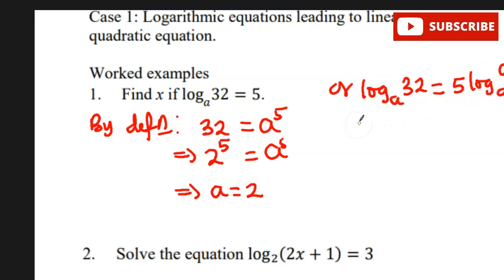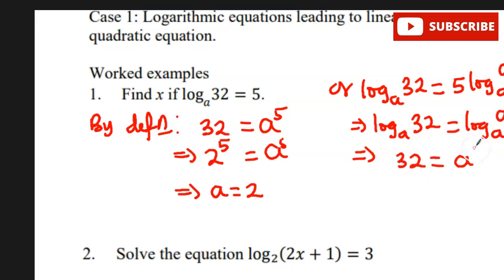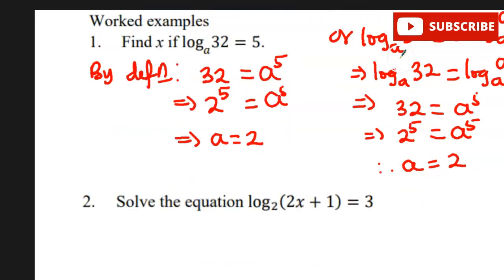And then we have log to the base a 32 is equal to log to the base a of a to the power 5. Because both sides have been expressed as a single log with the same base, you can say that 32 is equal to a to the power 5, so 2 raised to the power 5 is equal to a to the power 5. Therefore, you can use this or that.